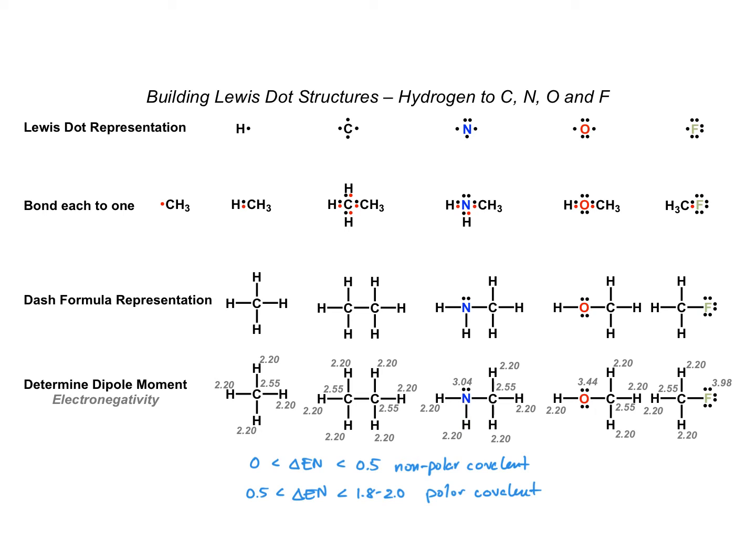So now we're getting into a polar molecule because we have this functional group with a nitrogen lone pair that's concentrating electronegativity around this atom here. You can see the same for this oxygen. So again, we're in this region where you have these two scenarios, CO, HO, those are polar covalent bonds. So overall, this is going to be a polar molecule as well.